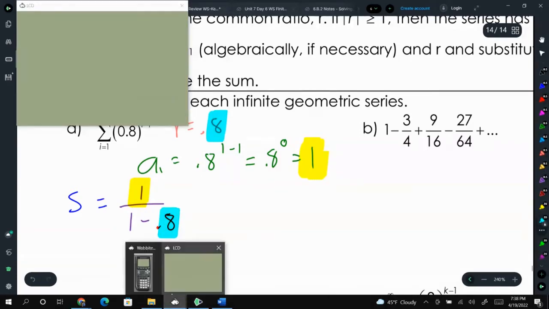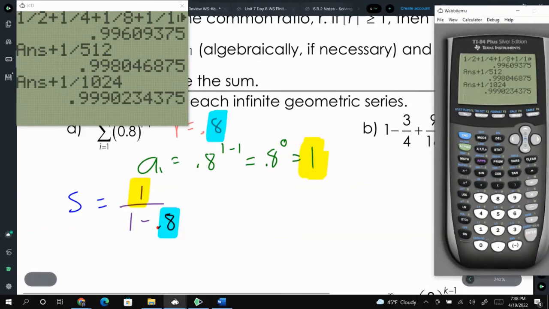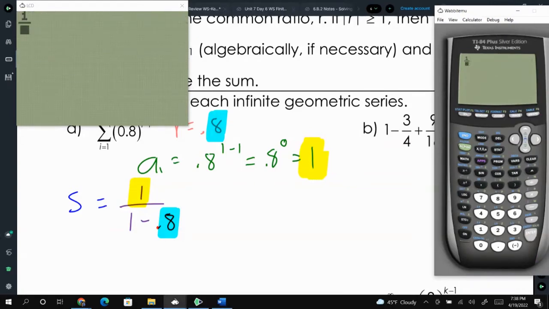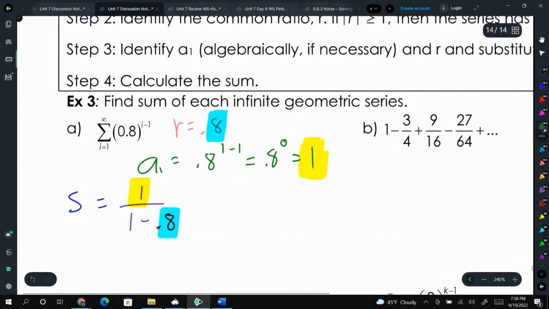So we type that into the calculator, and we get 5. So as we keep adding the values of this series, plugging in 1, plugging in 2, plugging in 3, and we start adding all those together, eventually we're going to be approaching the number 5.